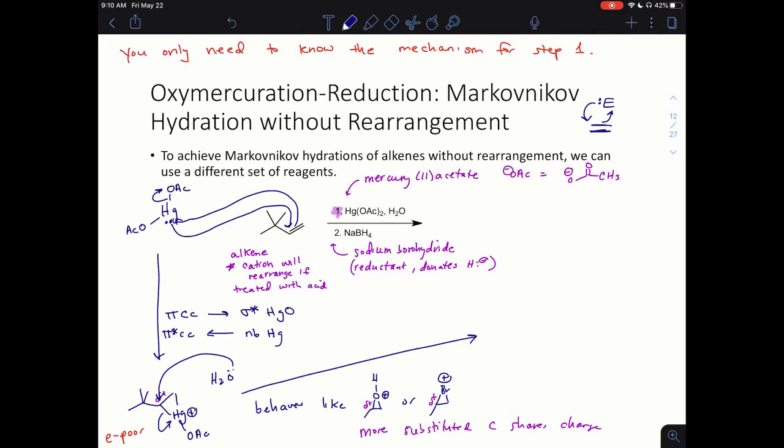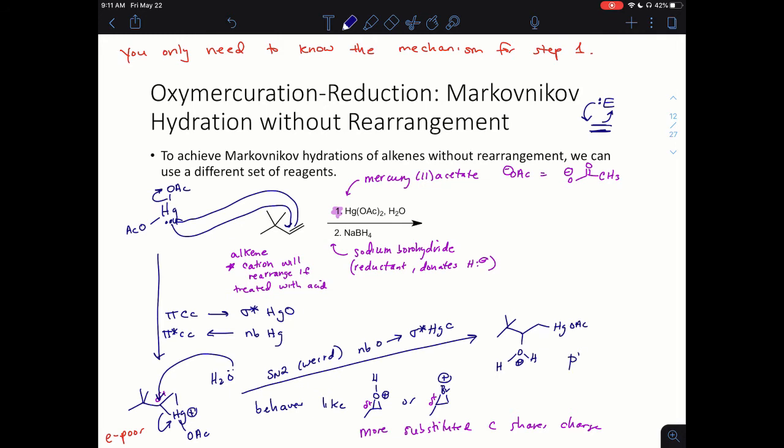Okay, so this is an SN2, a weird SN2, where we have the non-bonding electrons on oxygen attacking sigma star for the mercury carbon bond. Excuse me, the mercury carbon bond. We're breaking the mercury carbon bond. That generates an intermediate that looks like this. It's probably one of the most amazing things you've ever seen, right?